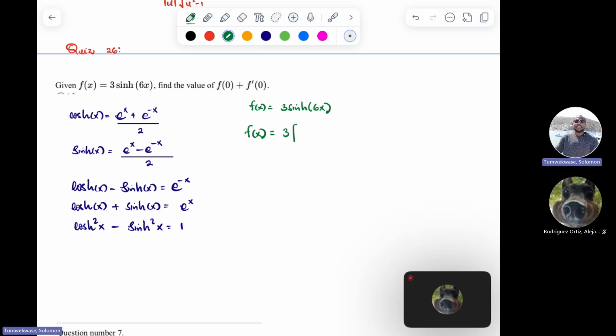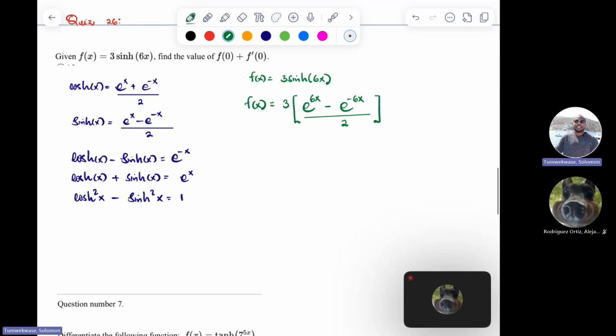So this is 3 times sine hyperbolic, which is the same as e to the power of whatever angle you have there, in this case 6x, minus e to the negative 6x, and the whole of this is over 2. I need to calculate f of 0. So my f of 0 is 3 over 2 times (e to the power 0 minus e to the power 0), and that is 0, because e to the power 0 is 1.